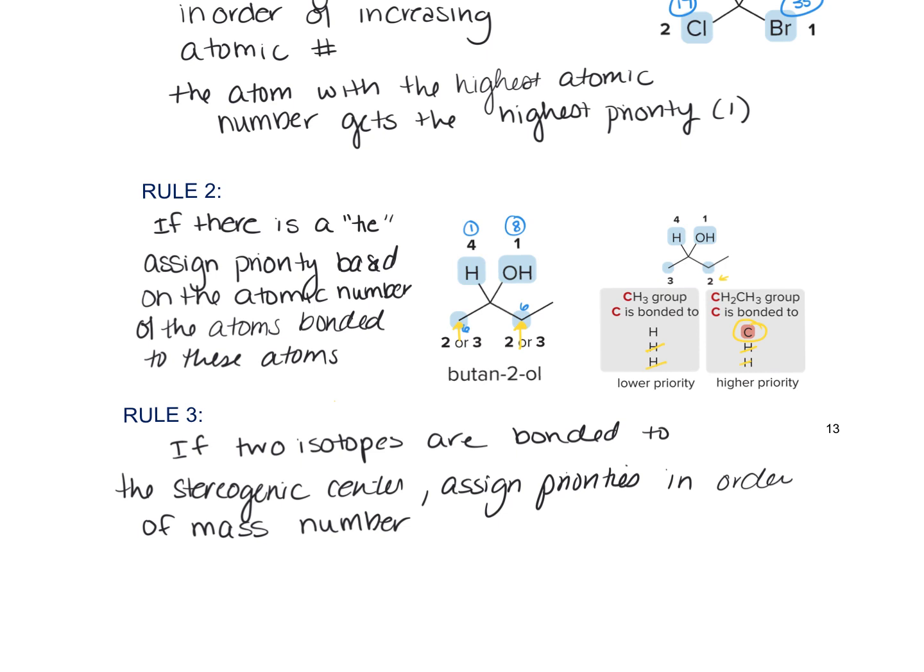Where we really see this is hydrogen versus deuterium, where deuterium has a mass number of 2, because it's got 1 proton and 1 neutron, so it's got a higher priority than the hydrogen atom here.